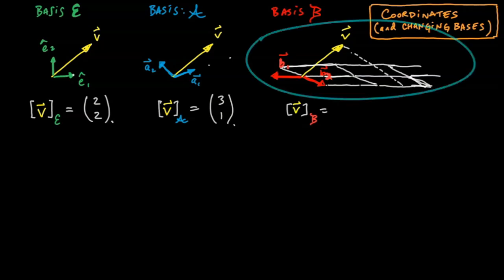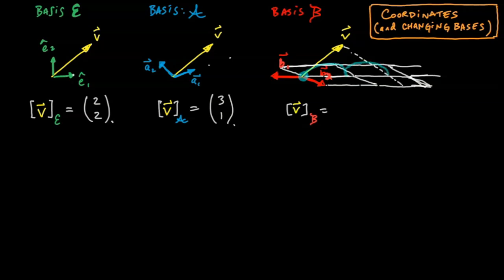If we take my terrible drawing at face value, it would look like we are going from the origin, something like 1, and then maybe, let's just say, another 0.8 steps in the negative b1 direction. So let's say minus 1.8. And then from here, 1, 2, let's say 3 steps in the negative b2 direction. So that my coordinates would end up being something like minus 1.8, minus 3.